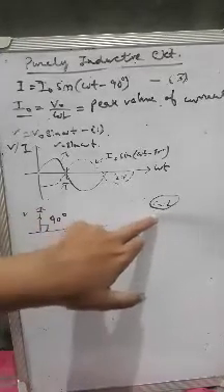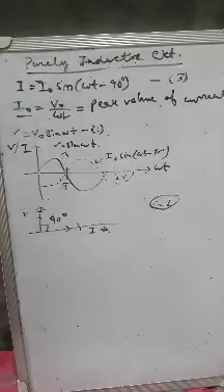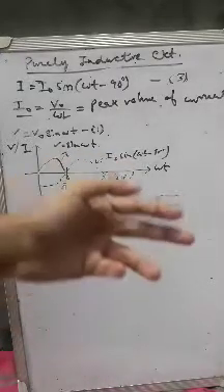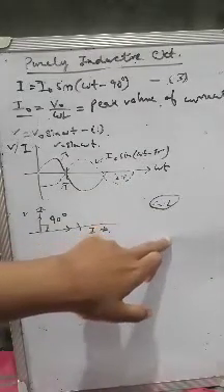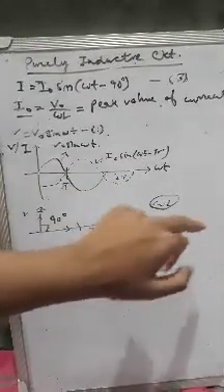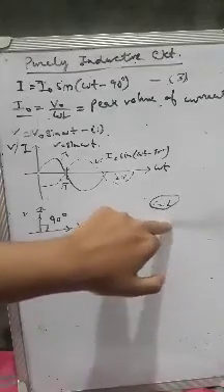The inductive reactance is the opposition offered by an inductor to the flow of alternating current through it. Just recall the case of the purely resistive circuit, and now come to the case of this purely inductive circuit.